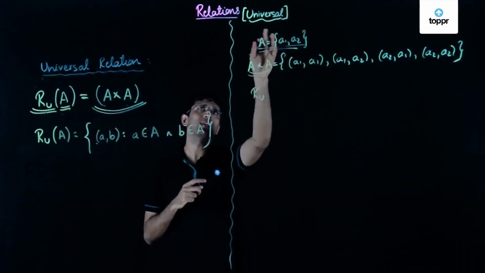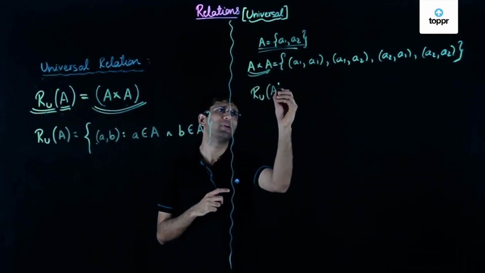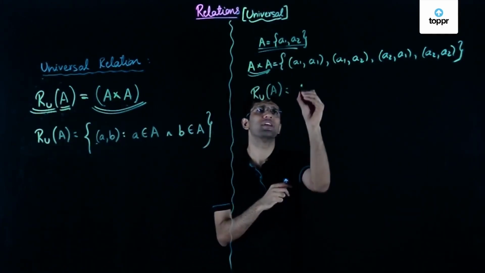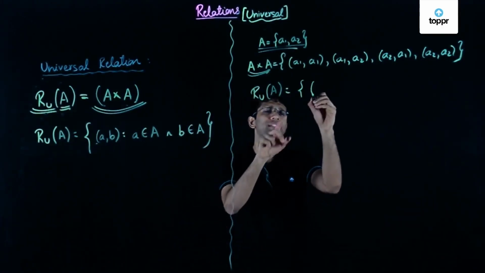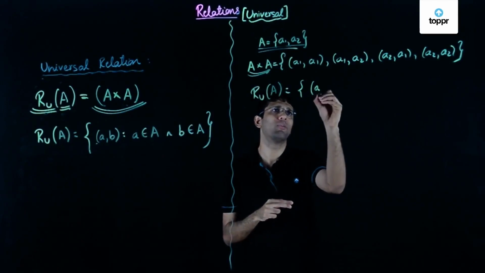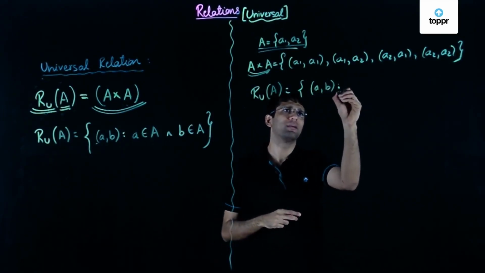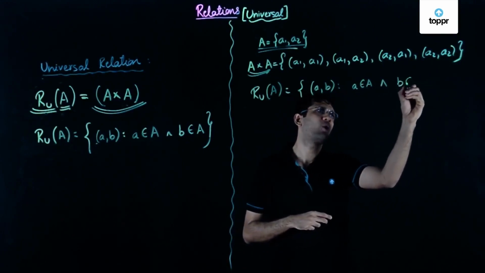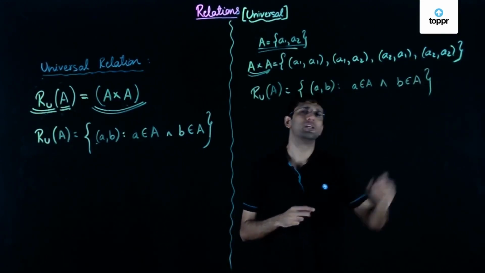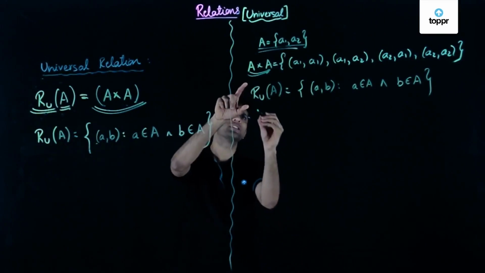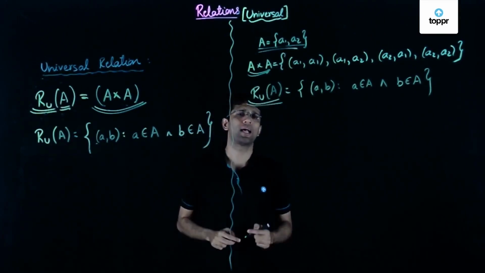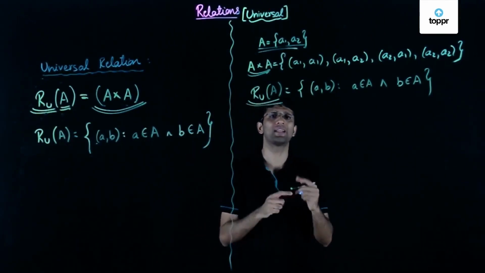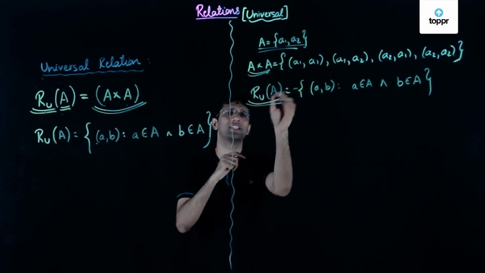Now, universal relation on set A can be defined as a relation consisting of ordered pairs of the form (a, b) such that a belongs to the set A and small b also belongs to the set A. So we can define a universal relation on a set A as consisting of all the ordered pairs that are there in the Cartesian product of set A with itself.